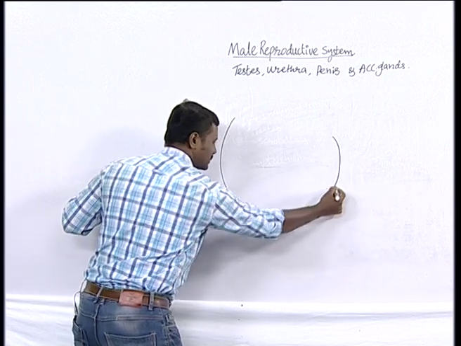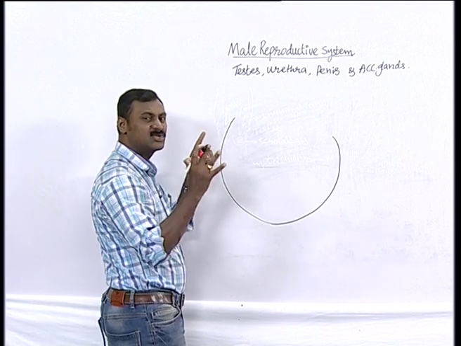Suppose you see this is a scrotal sac, a completely zoomed diagram.